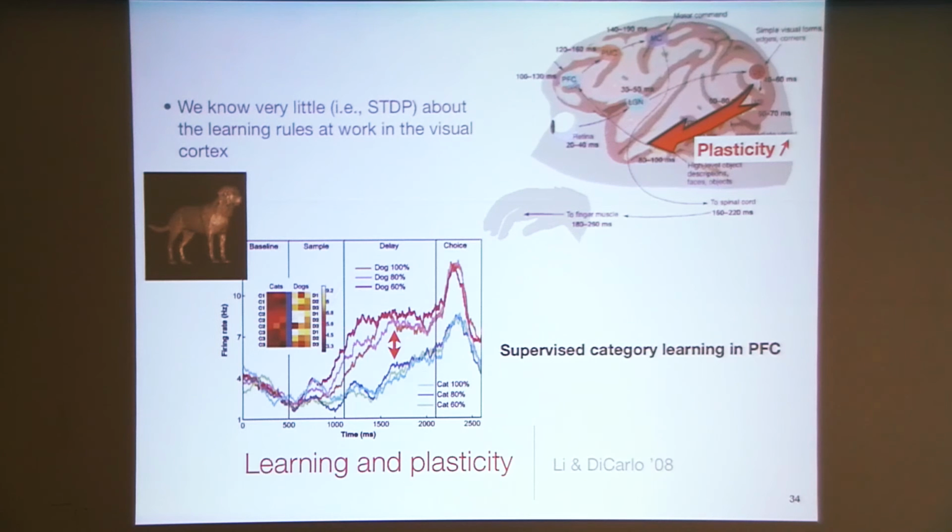After training, it treats all of these dog stimuli pretty much as the same versus all these cat stimuli as the same, and essentially stretches the space around the boundary when we go from a 60% dog to a 40% dog, which would be equivalent to a 60% cat.